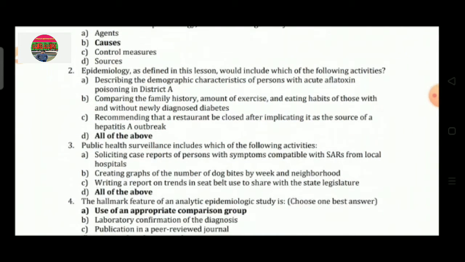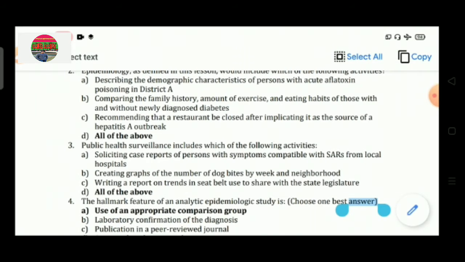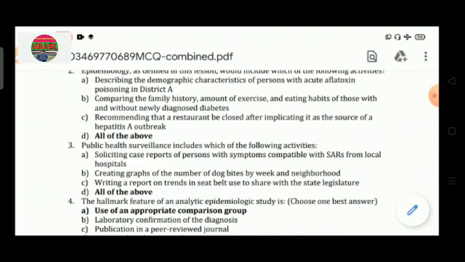Question number 2 is, epidemiology as defined in this lesson would include which of the following activities. Option A is describing the demographic characteristics of persons with acute aflatoxin poisoning in district A. Option B is comparing the family history, amount of exercise, and eating habits of those with and without newly diagnosed diabetes.